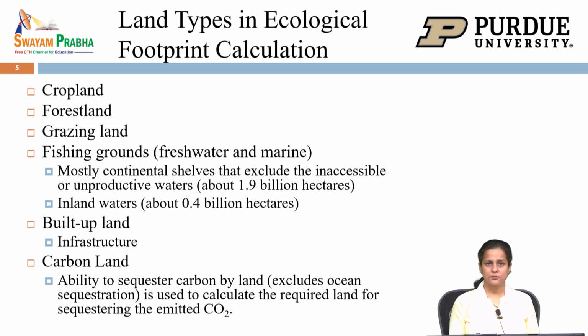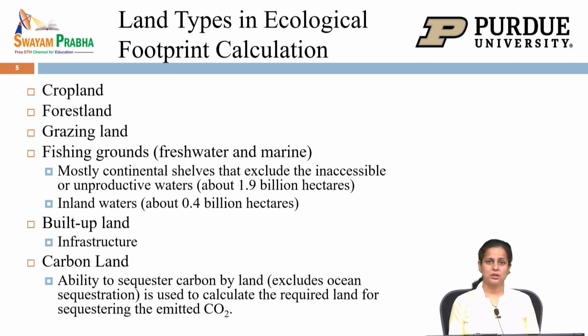So, all the active crops all across the world are used in the footprint calculation. Forest land is where we are creating timber for use by human beings. So, that is the productivity of the forest to provide resources in terms of pulp and paper and cardboard etc. that are based on timber.